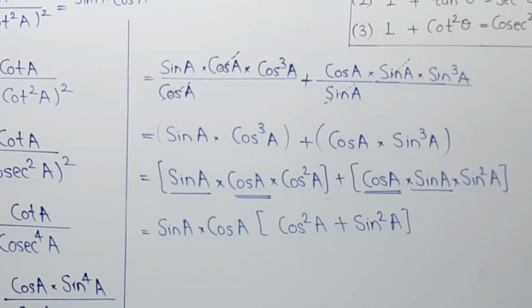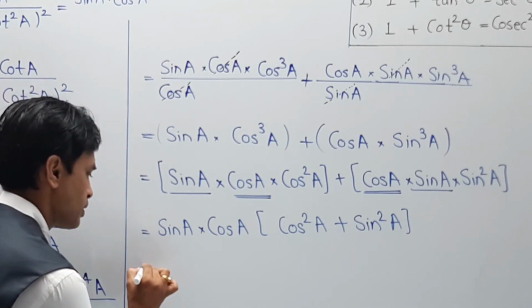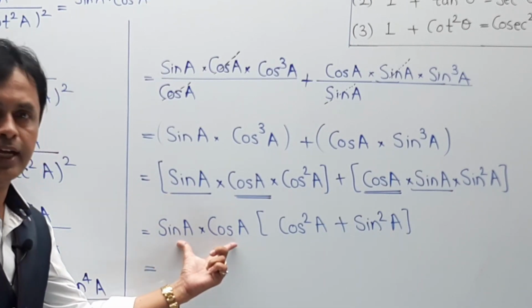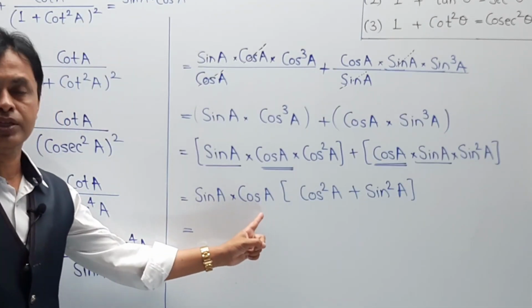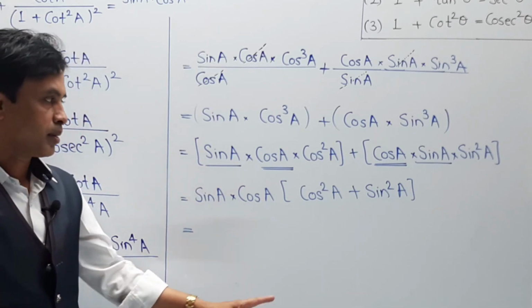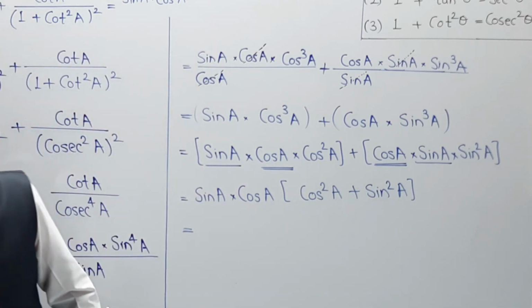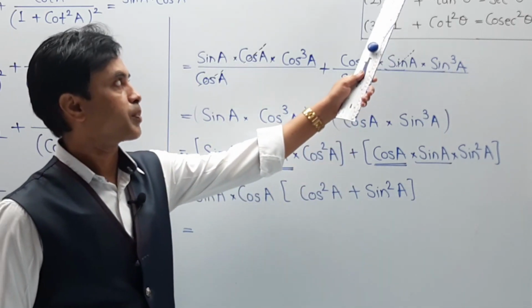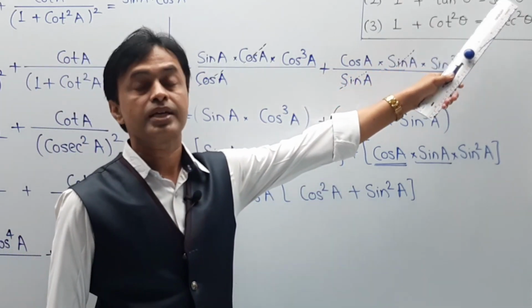Now onward you have to just simplify the part, and evaluation is equal to sin A into cos A. Here sin A into cos A is already taken as common, but we know one fundamental identity, and the part is sin square A plus cos square A. Observe this property, sin square theta plus cos square theta is 1.